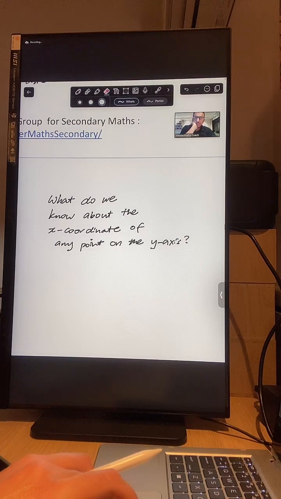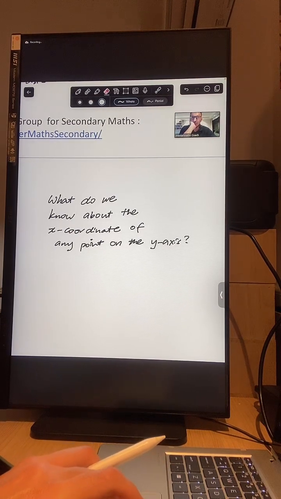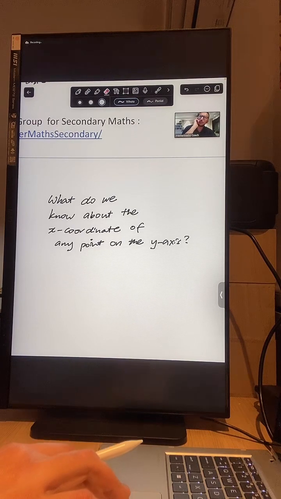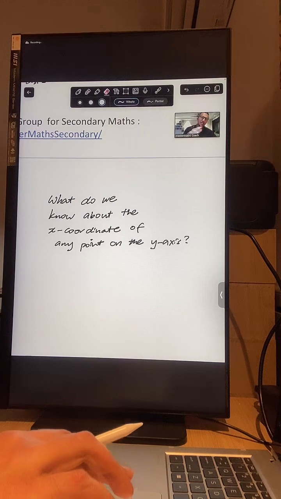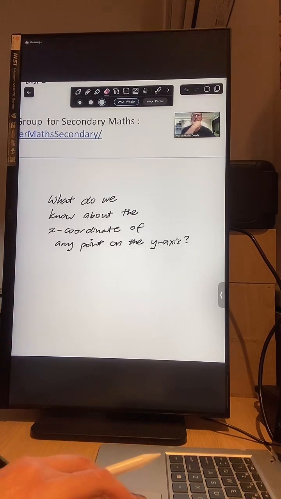Mr. Phenomenal, what do we know about the x-coordinate of any point on the y-axis? Guys online, what can you all tell me? Doesn't matter whether the point is here or there or anywhere. As long as it's on the y-axis, what must you know about the x-coordinate?